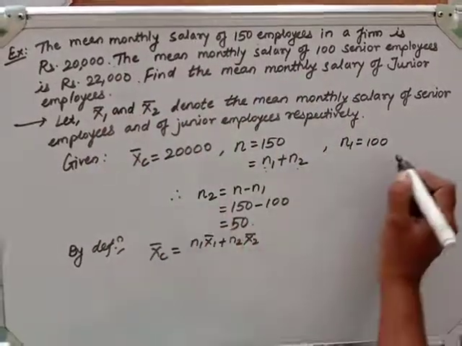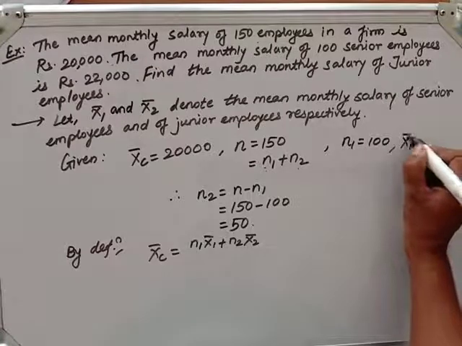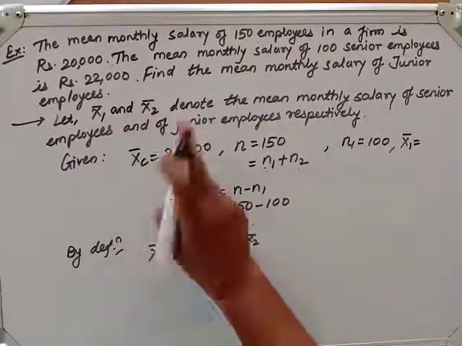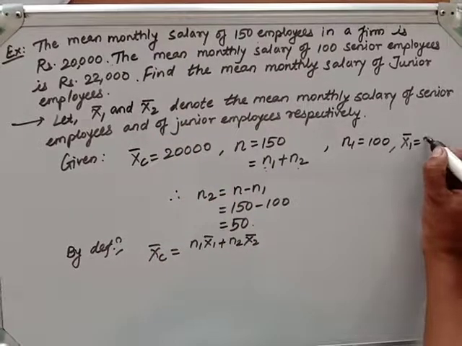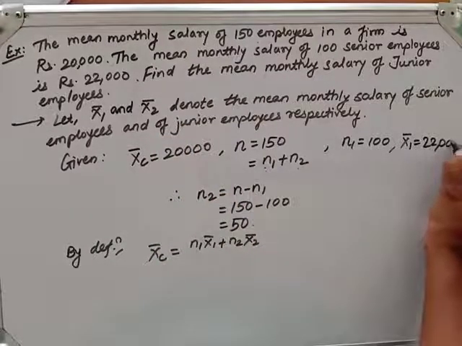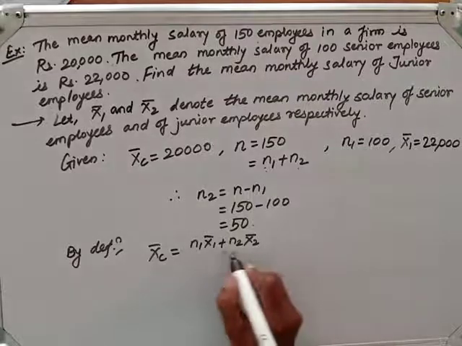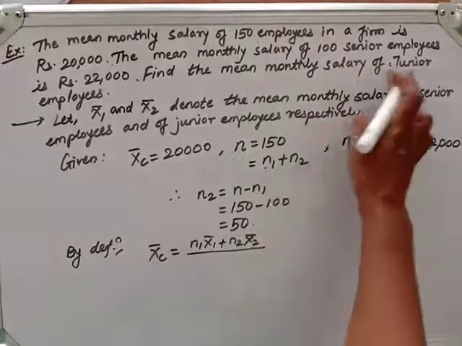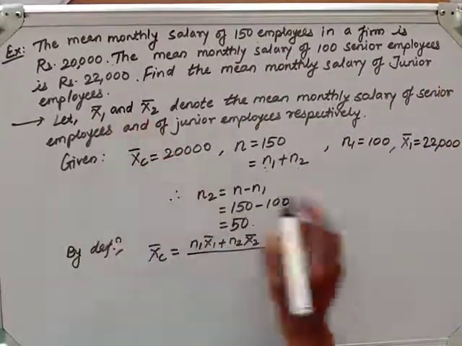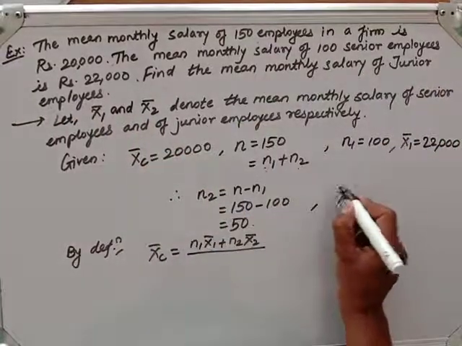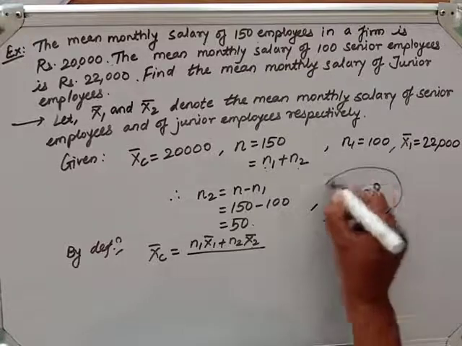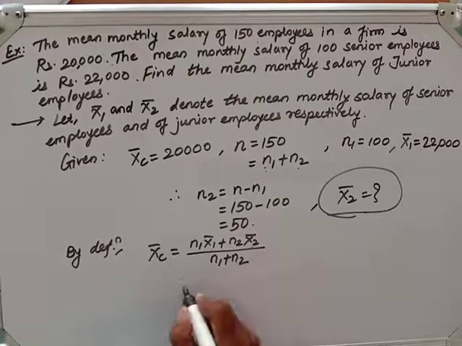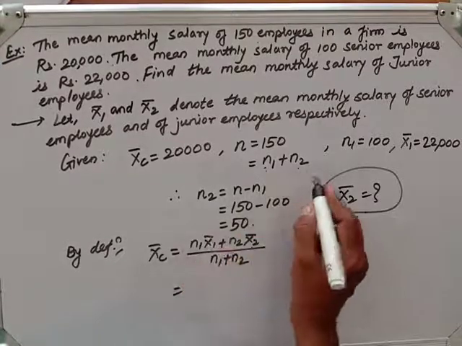We assumed x1 bar for senior and x2 bar for junior. So x1 bar is 22,000. Our aim is to determine x2 bar, the mean monthly salary of junior employees.